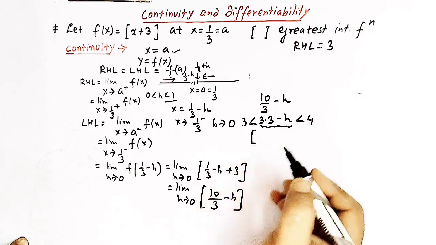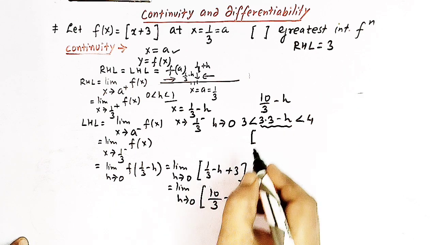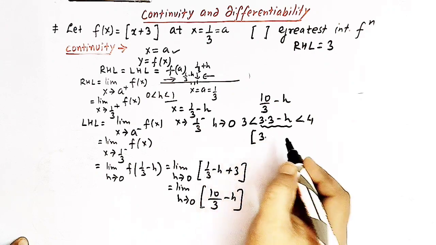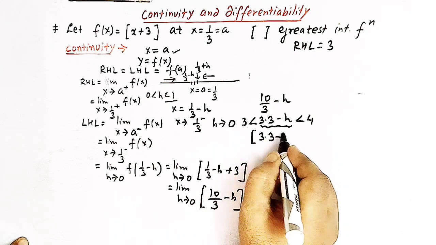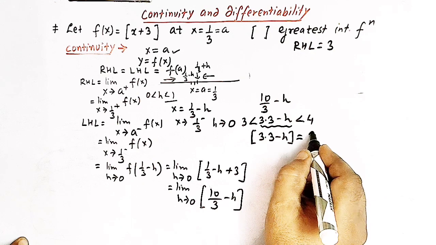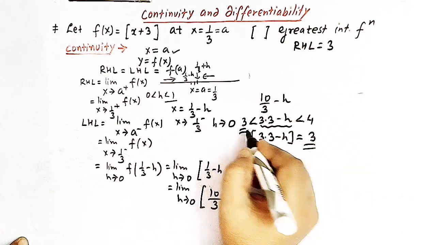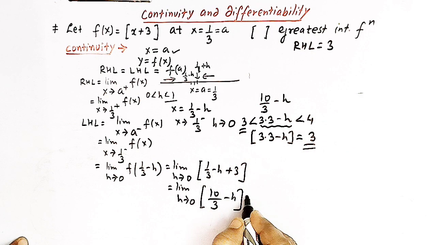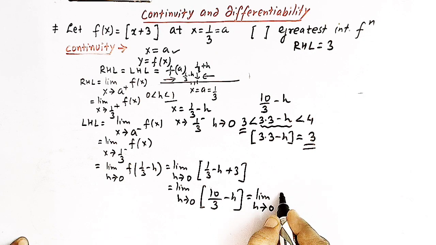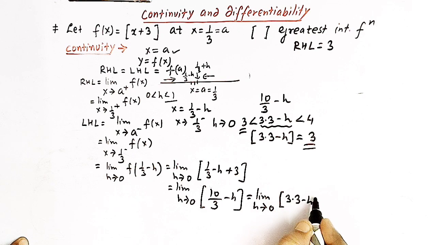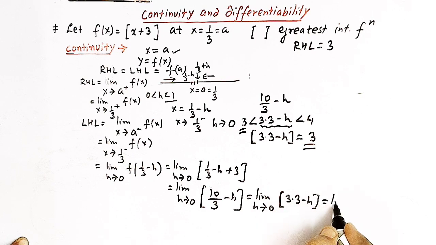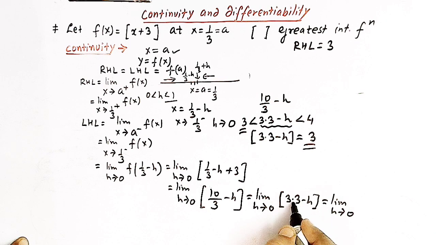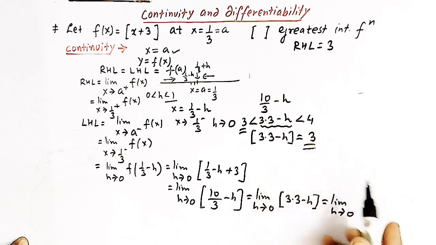So by the definition of greatest integer function, the value of greatest integer of 3.3 minus h is equal to this number 3, right? So now here we have limit h tends to 0, and here we have greatest integer of 3.3 minus h.